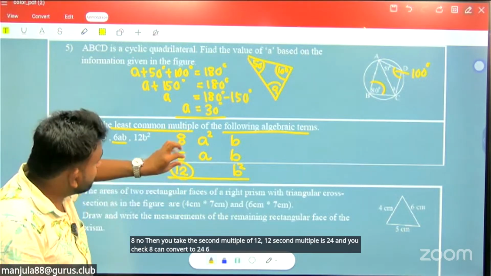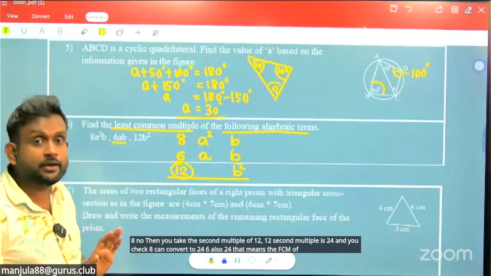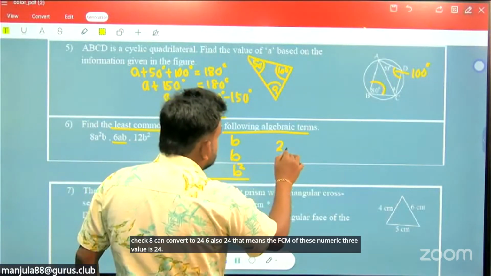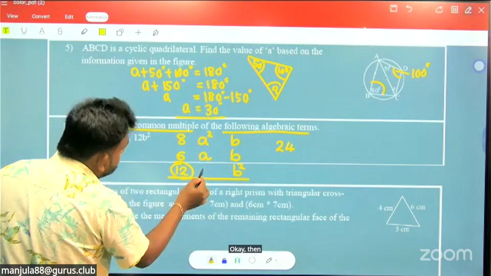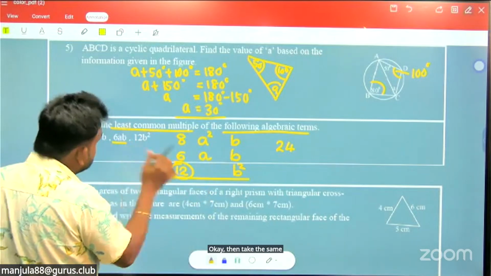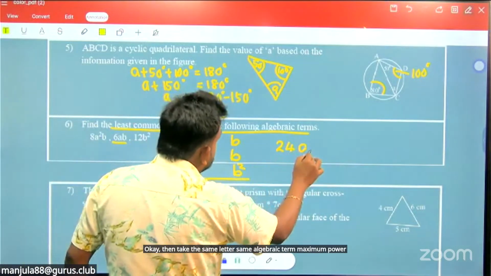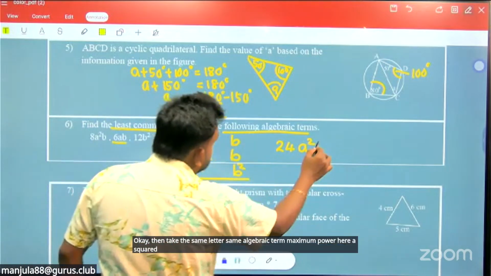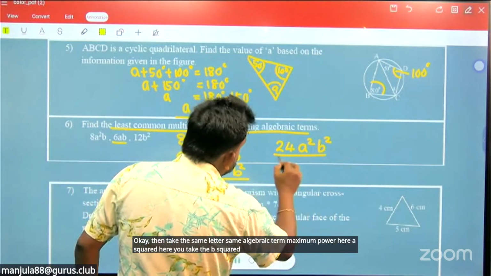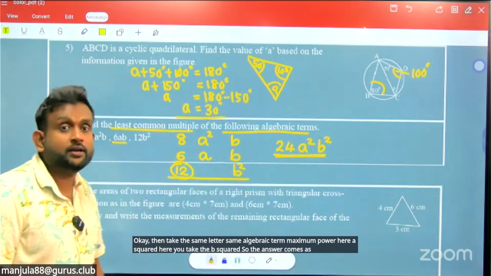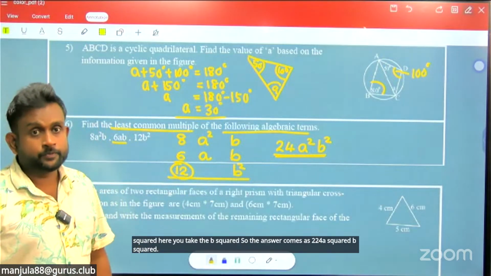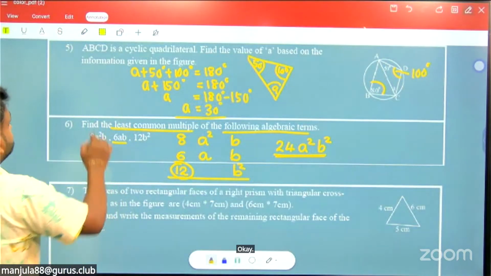That means the LCM of these numeric three values is 24. Then take the same letter, same algebraic term, maximum power. Here a squared, here you take the b squared. So the answer comes as 24 a squared b squared. So that is the LCM.